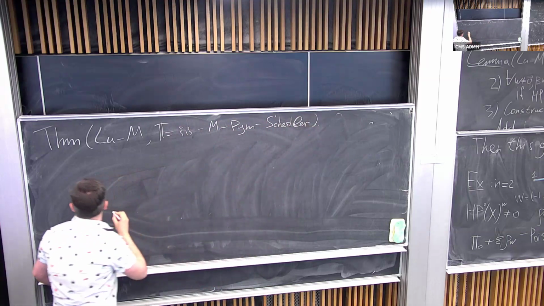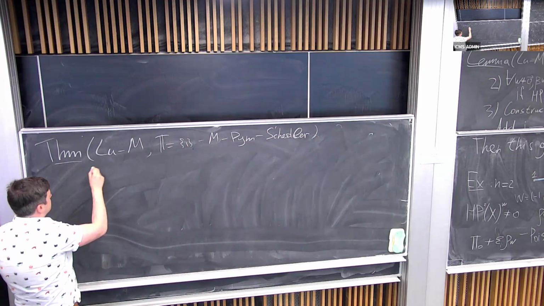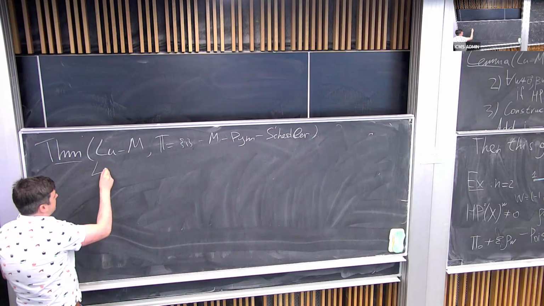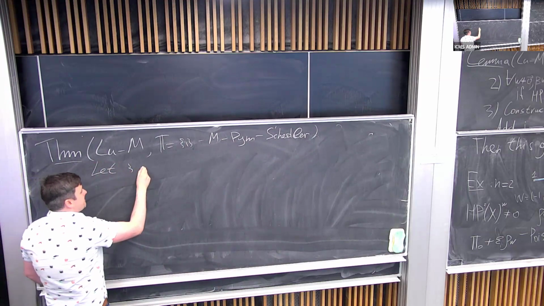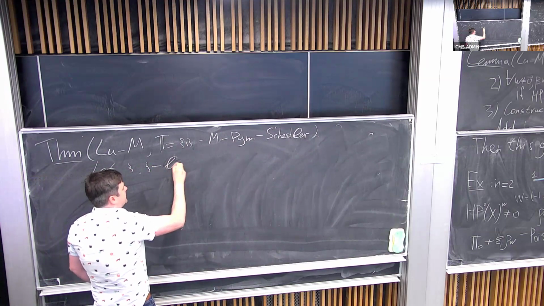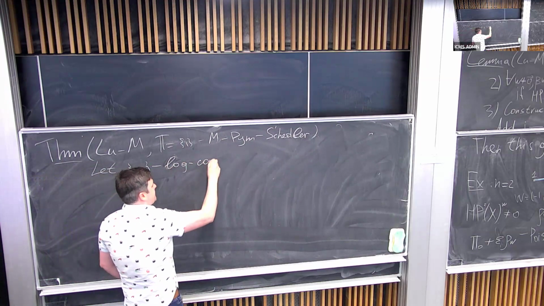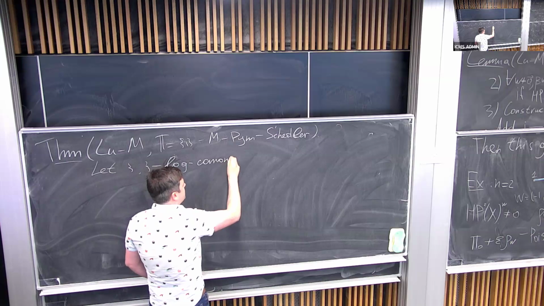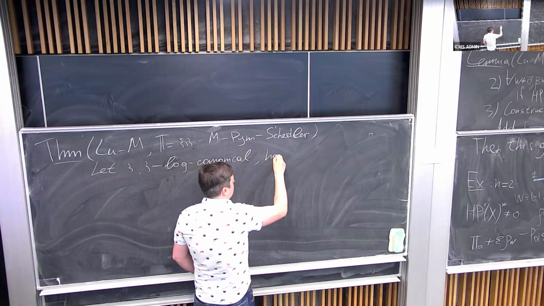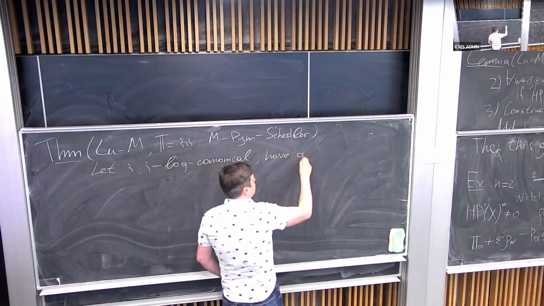The statement is as follows. The standing assumption is that we have a log-canonical bracket that has an open T-leaf.